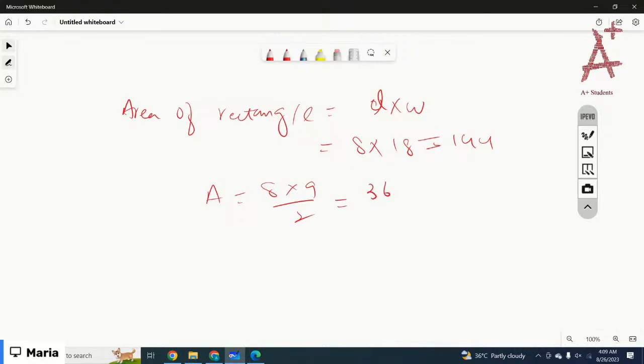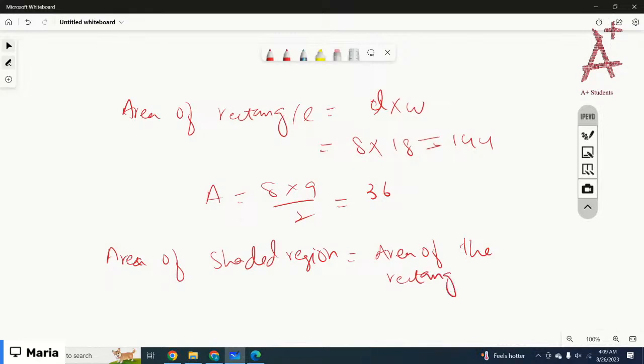So the area of the shaded region is the area of the rectangle subtract the area of the two right triangles, right?